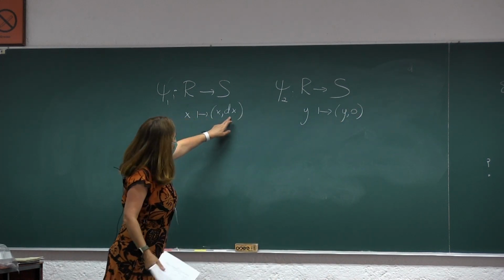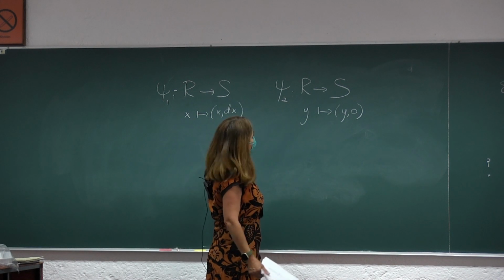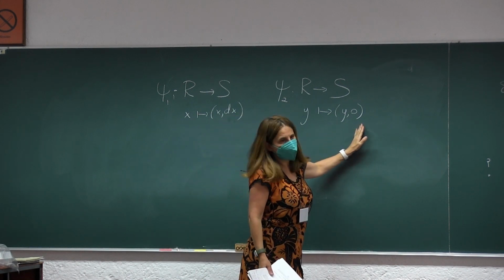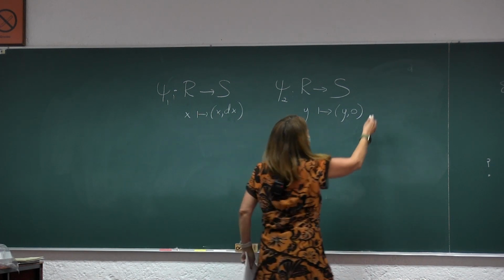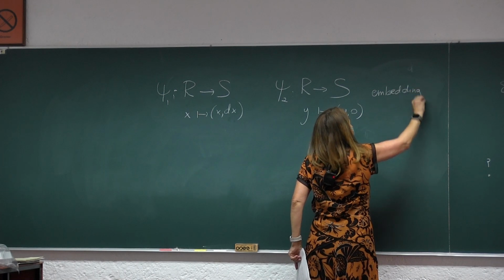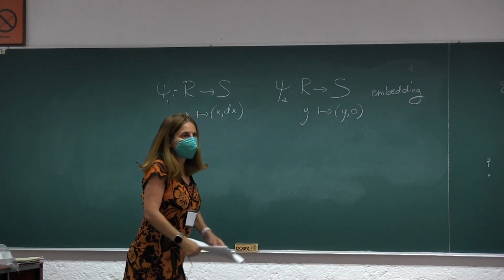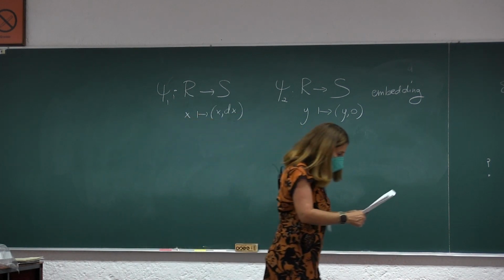So here we take the differential, so obviously it is in omega. Remember, because the second component is omega, here we just send it to itself. So it's just the embedding, as a ring. And so these are both R homomorphisms.